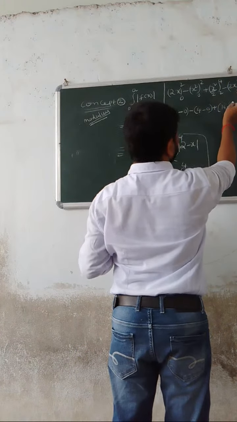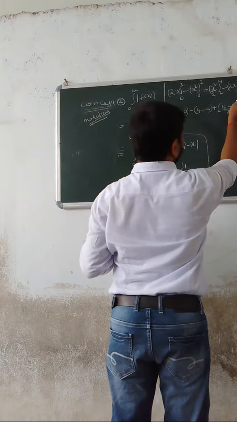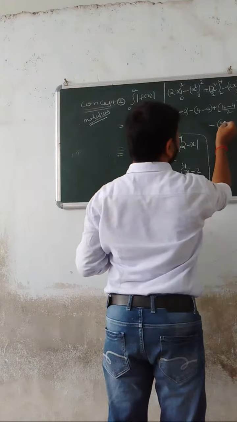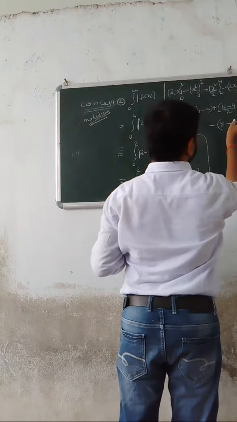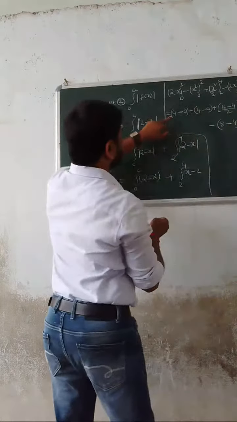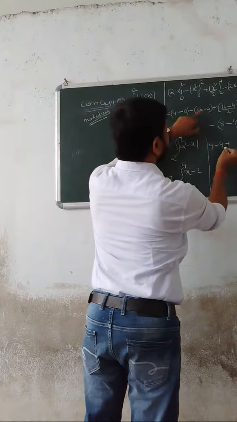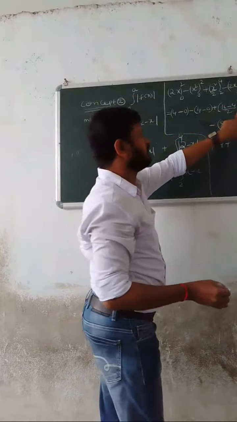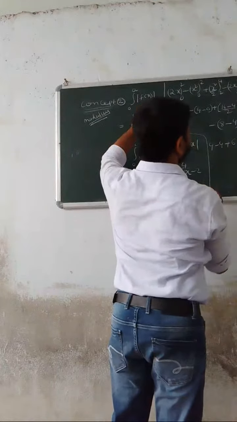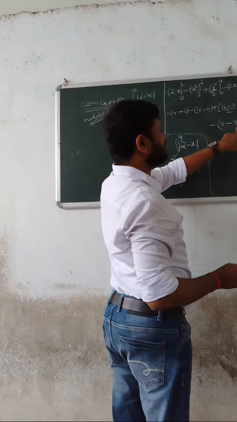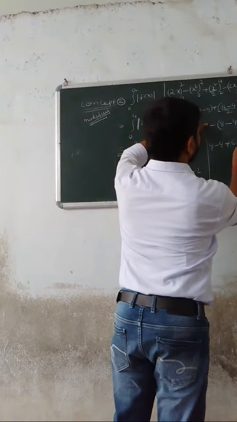If it is 2, 2 square is 4, and by 2. And if it is 4, 2 4s are 8. If it is 2, 2 2s are 4. Now, what happened? It is 4, it is minus 4. 16 minus 4, 12. 12 by 2, 6. 8 minus 4, 4. 8 minus 4, 4. That is minus 4.